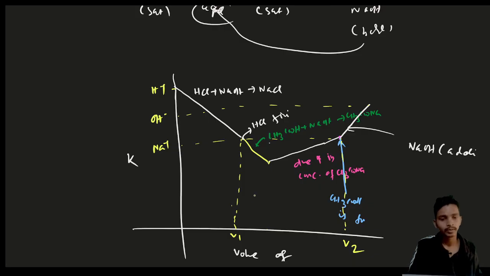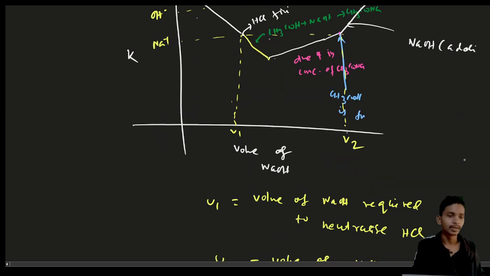Adding this amount of NaOH, HCl is neutralized. And after that, this is due to common ion effect, and this is the increase of CH3COONa. Here the CH3COOH is neutralized. This is finished. So here both HCl and CH3COOH are finished. So this amount of volume of NaOH is required to neutralize both HCl and CH3COOH.